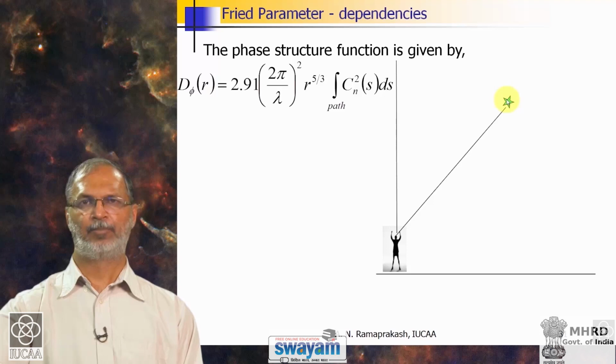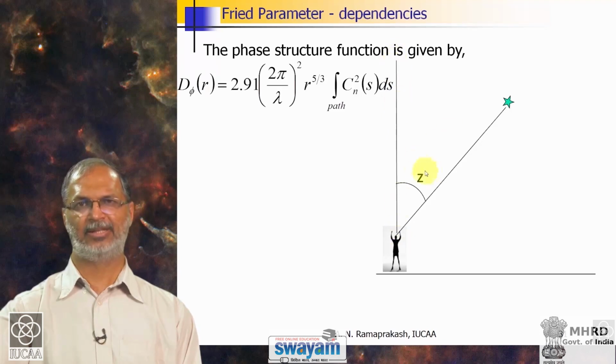Now, if I look at the sky in a given direction at a star which is located in the sky, I can denote the angle at which I look at the sky with respect to the direction toward the zenith by this variable z.